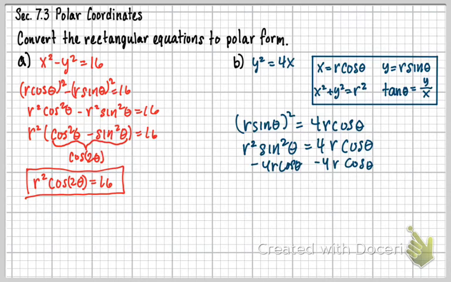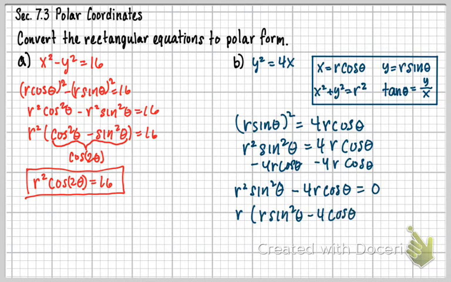Then I get r squared sine squared theta minus 4r cosine theta equals 0. So then I'm going to pull an r out. That's going to be r times r sine squared theta minus 4 cosine theta equals 0.